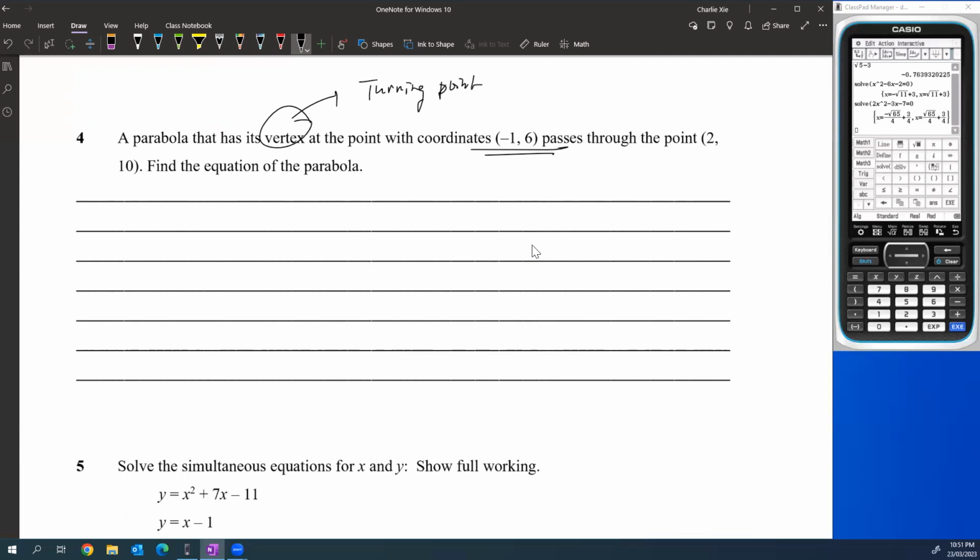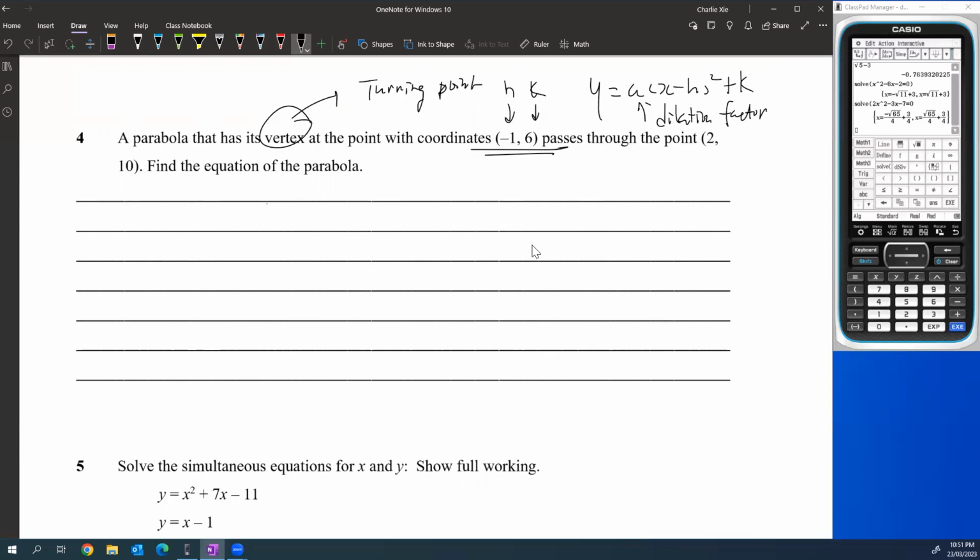We know h is -1 and k is 6. So the only thing we want to look for is the dilation factor a, and using one point, 2, 10, we can find it.